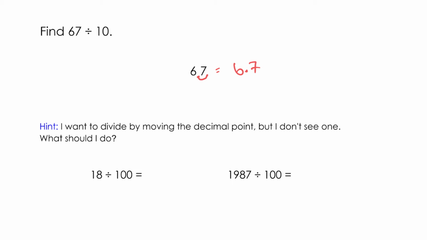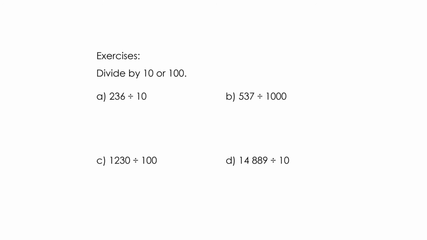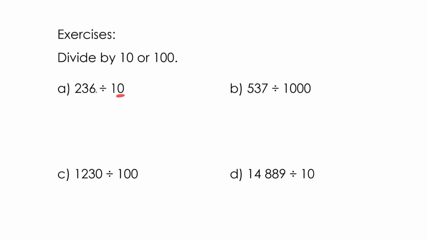So let's look at these examples. 2 zeros, the decimal's right there. 1, 2 equals 0.18. Put the 0 in the front. 2 zeros, 1, 2, 19.87. Okay. So now let's divide by 10 or 100. So let's keep an eye on the decimals here. 10 means 1 decimal jump to the left. 23.6.